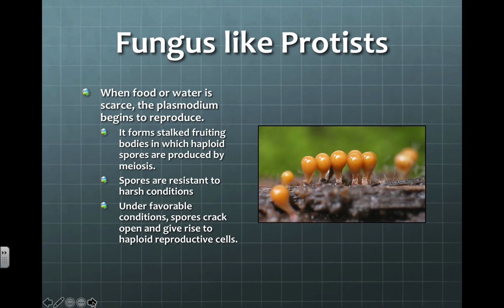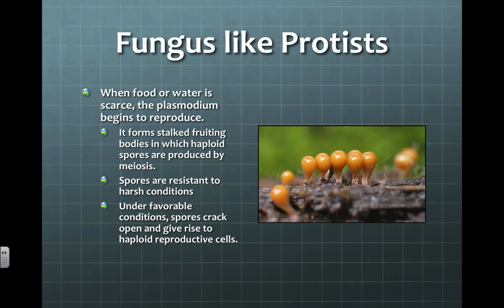Now, when the food or water is scarce, the plasmodium is going to start to reproduce, and you can see that here. And what it does is it forms these fruiting bodies. Anything above ground is called a fruiting body, and they produce spores. They produce haploid spores through meiosis. The spores get real resistant to the harsh conditions, and so they don't die.